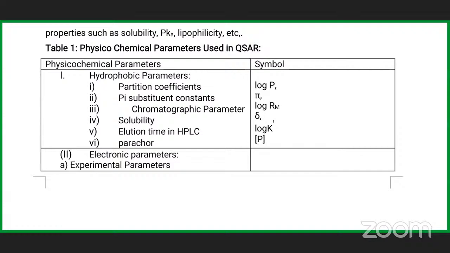The pi is a substituent constant, and then the chromatographic parameters. The solubility is delta here, and the elution time in the HPLC is log k.